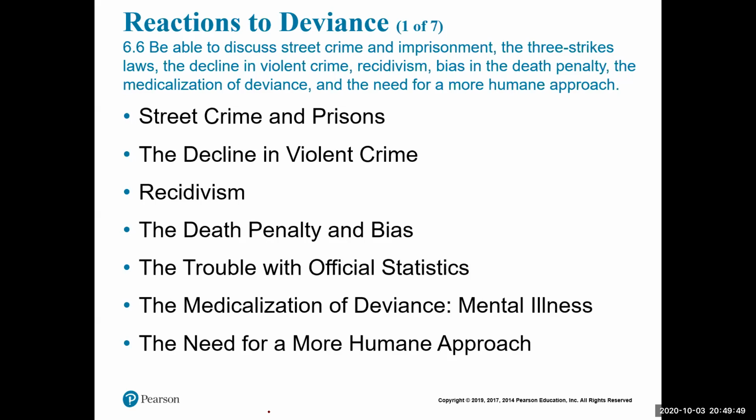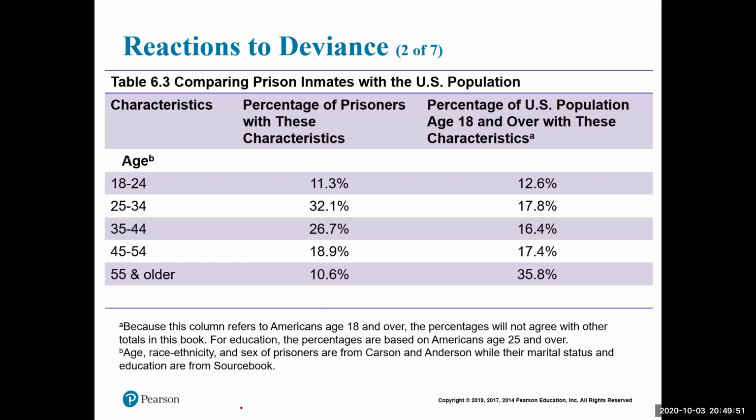Why do we have so much of this? When we're comparing the prisons and the inmate population, we look at the characteristics, the percent of prisoners with those characteristics, and the percent of the U.S. population age 18 and over with those same characteristics. And for some of them, you can see that the prisoners' numbers are higher than the actual U.S. population.